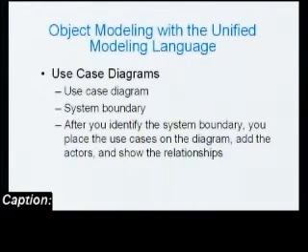The system boundary shows what is included in the system. This boundary is the automation boundary and denotes the boundary between the environment where the actors reside and the internal components of the computer system. After you identify the system boundary, you place the use cases on the diagram and the actors and show the relationships.